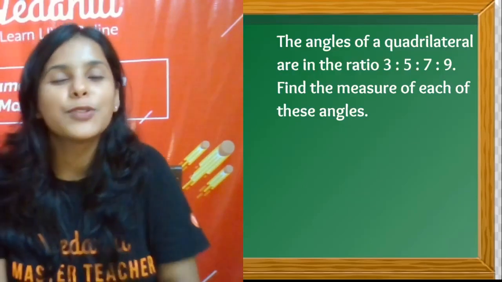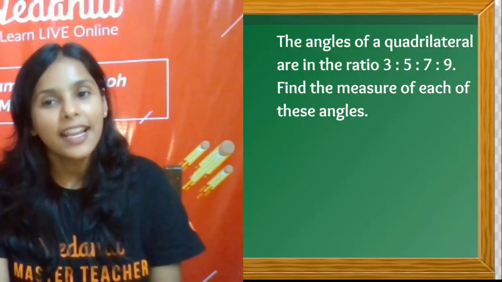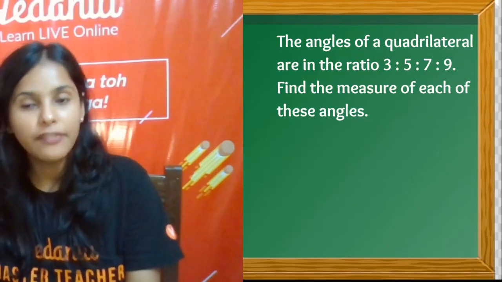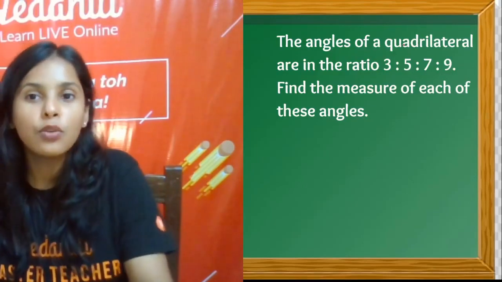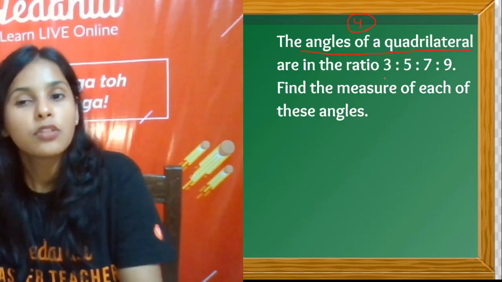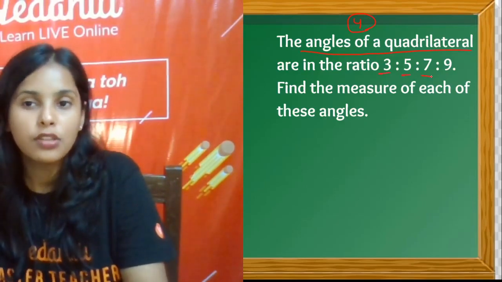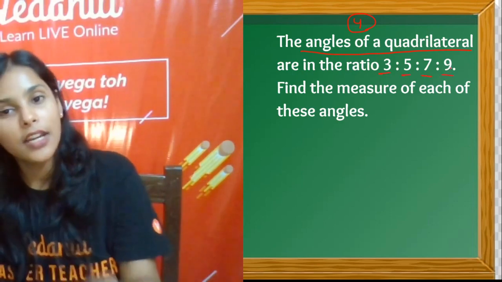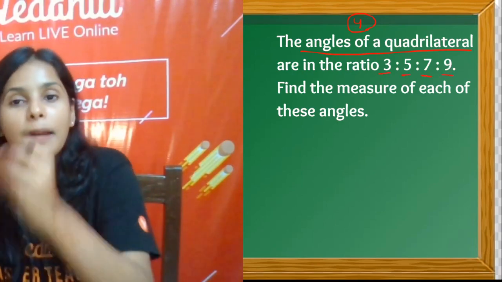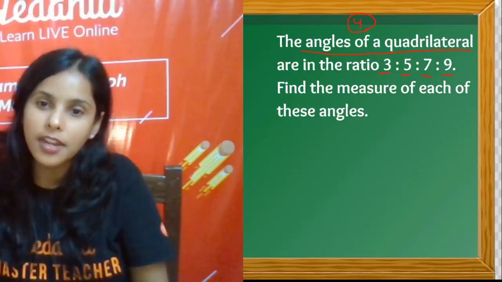Okay, now let's do the next question. The angles of the quadrilateral are in the ratio 3:5:7:9. We know angles in the quadrilateral will be 4. Whenever you see ratios in the question, just convert them into numbers by adding x to the ratios.